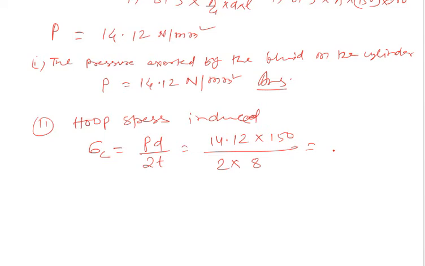So if we calculate this expression, then we will have hoop stress, that 14.12 into 150 by 2 into 8 is equal to how much, that is 132.375. 132.375 Newton per mm square.